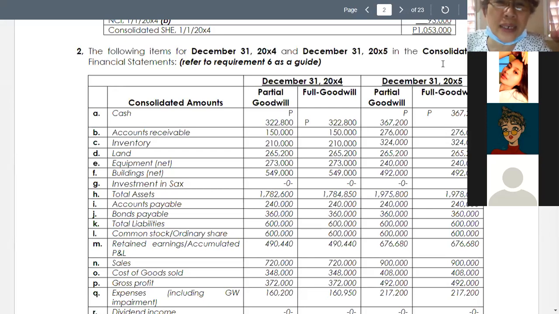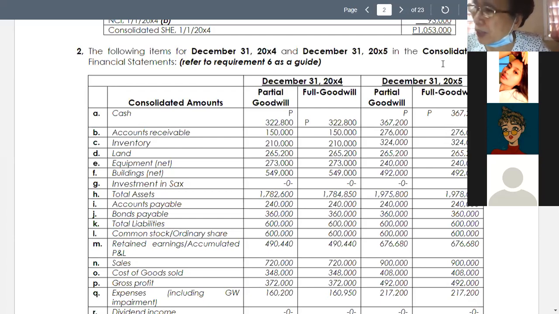However, we are given in the first paragraph the impairment loss for 20x4, which is 3,750. So we multiply that by 80%, being the share of the parent, it will give 3,000. That's the impairment loss, and that impairment loss is a deduction from the goodwill's balance.